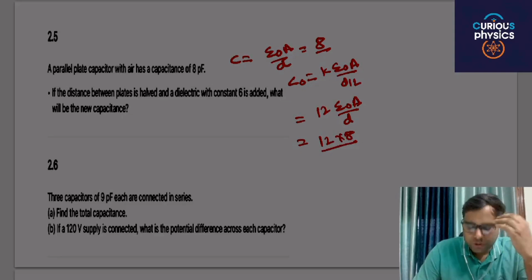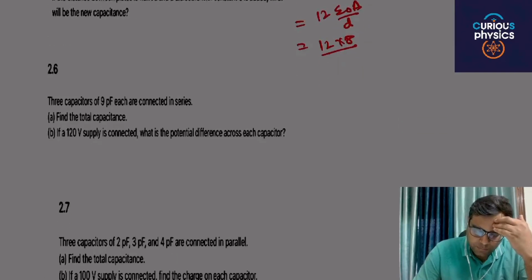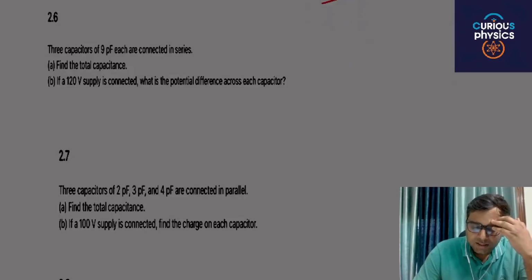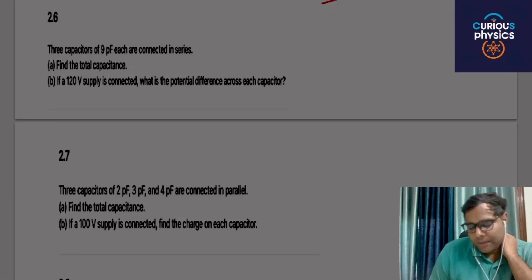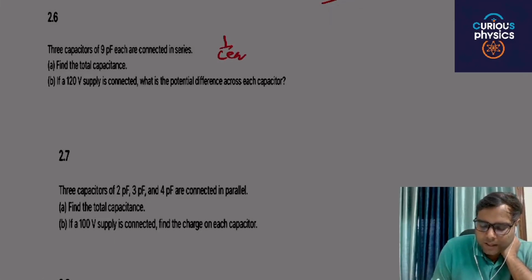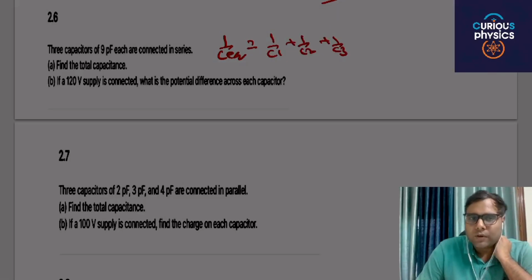The simplest questions. 3 capacitors of 9 picofarad each are connected in series. Find the total capacitance. If the capacitors are connected in series, then the total equivalent is 1 by C1 plus 1 by C2 plus 1 by C3, and here C1, C2, C3 are 9 picofarad. You will get your answer. If a 120 V supply is connected, what is the potential difference?